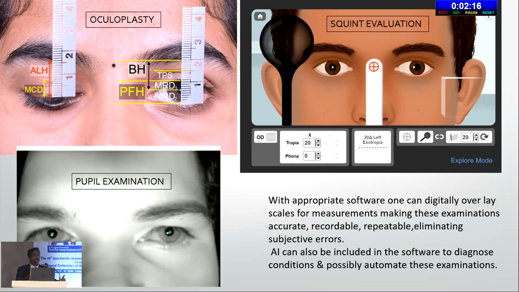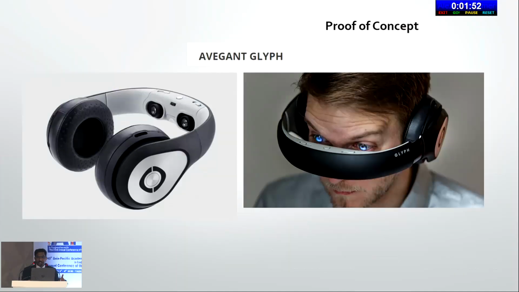You can also have two more additional cameras set at 60 or 65 mm IPD, and using this, you can record ophthalmoscopic, oculoplastic examinations and squint evaluations. With appropriate software, one can digitally overlay the scales of measurements, making these examinations accurate, recordable, repeatable, eliminating the subjective errors. And as told in the previous presentation, AI can also be used to automate these examinations.